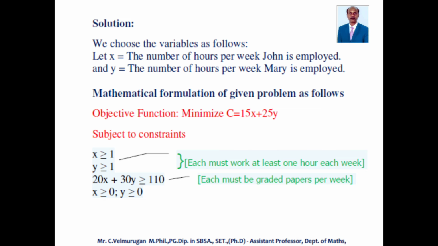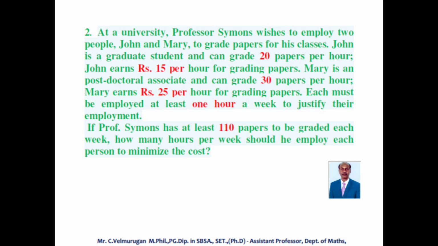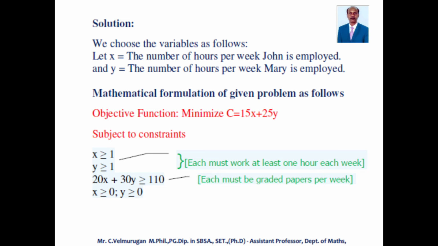Every hour John corrects 20 papers and Mary corrects 30 papers. So depending on the number of hours per week x and y, we find the total number of papers corrected.